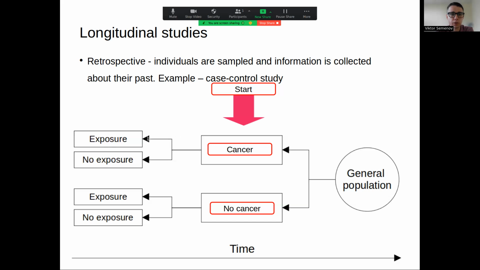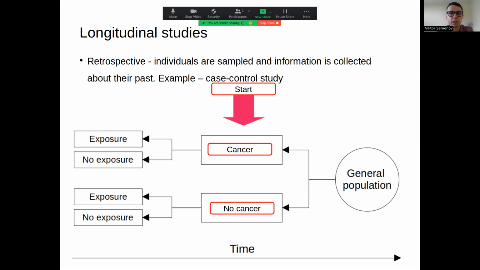So let's say that there was a group of 100 people, among which 10 had cancer. For example, there were, I don't know, 100 smokers, and 10 of them had cancer.